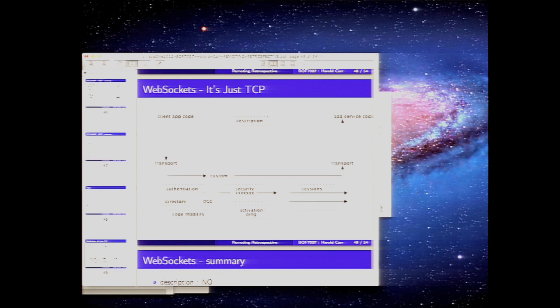And with WebSockets, the first HTTP message you send on the TCP connection is this thing that says, I want to upgrade to WebSockets. And if the server that receives that can handle WebSockets, it'll send back the thing that says, yeah, I can handle that. And then they do some other magic, and then you have access to the already existing TCP input-output streams that were already there.